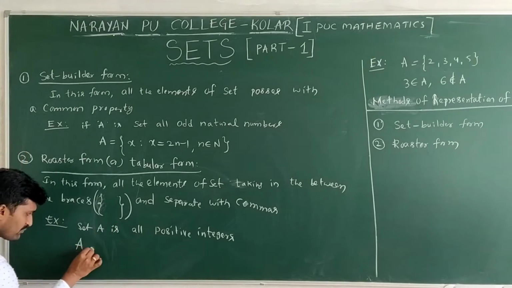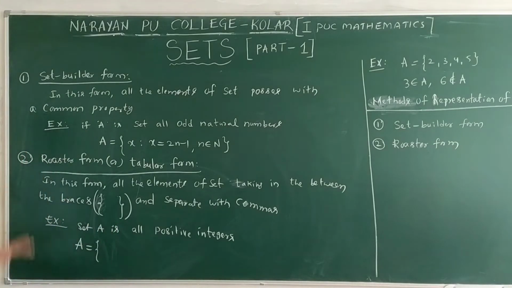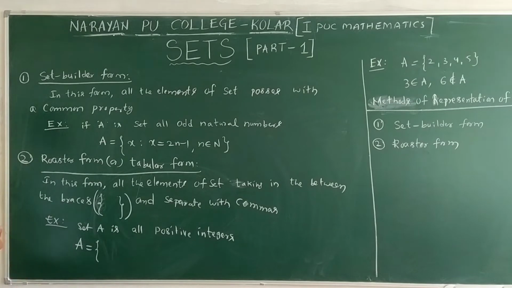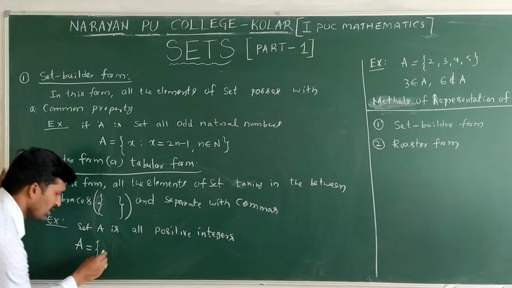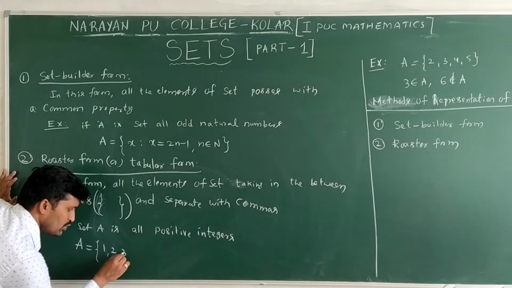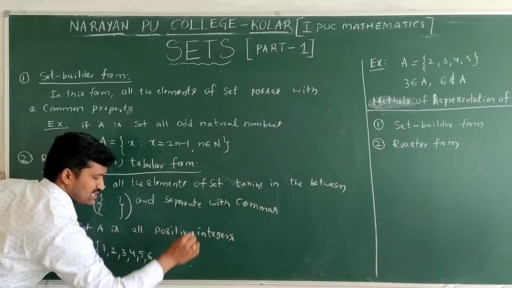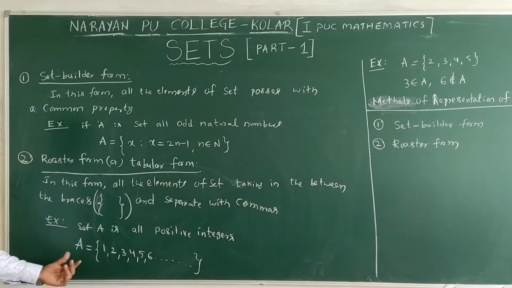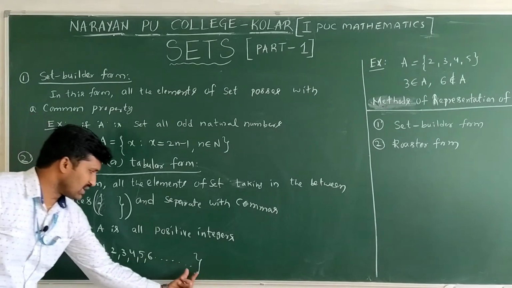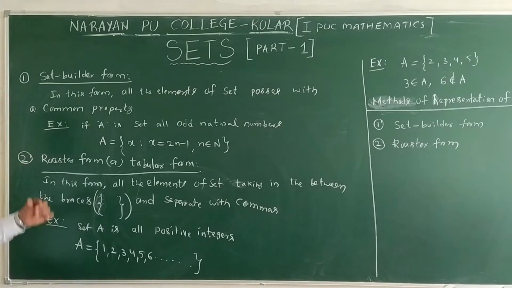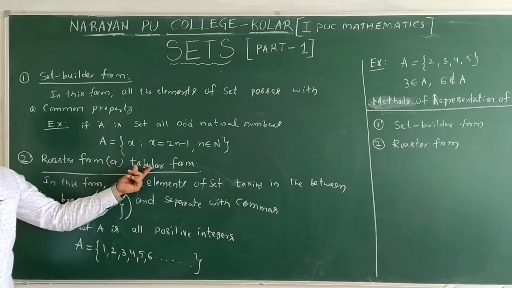Now set A, you want to take in between the braces, separating each element with commas. Now all positive integers. Which are the positive integers? 1, 2, 3, 4, 5 generally. So what will I write here? 1 comma, 2 comma, 3 comma, 4 comma, 5 comma, and so on. I have taken the set of all elements in between the braces and separated with commas. This is our concept of roster form or tabular form.